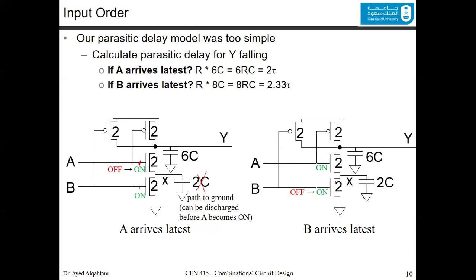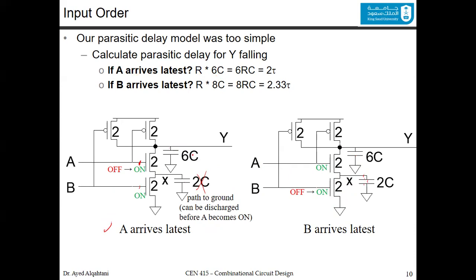And now you have a full path to the ground, but you need to worry about both capacitors, the 6C and also the 2C, to discharge.